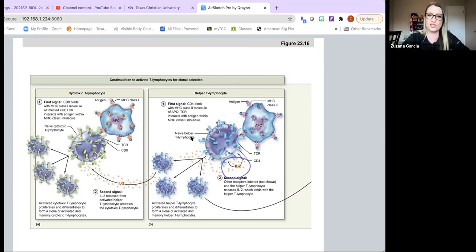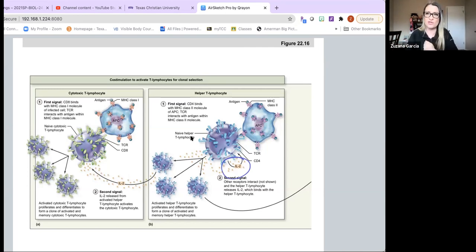This interleukin-2 is going to stimulate that helper T lymphocyte, but if there are any other naive helper T lymphocytes around, they might be stimulated as well. It stimulates this helper T lymphocyte to divide, and it creates clones of itself.